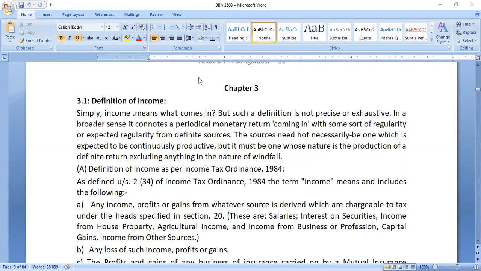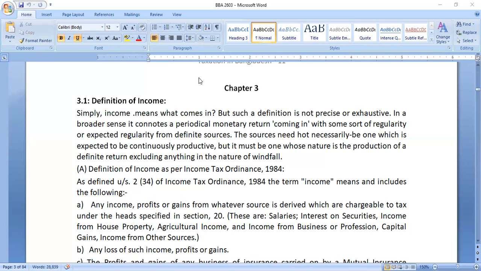But such a definition is not precise or exhaustive. In a broad sense, it connotes a periodical monetary return coming in with some sort of regularity or expected regularity from definite sources.